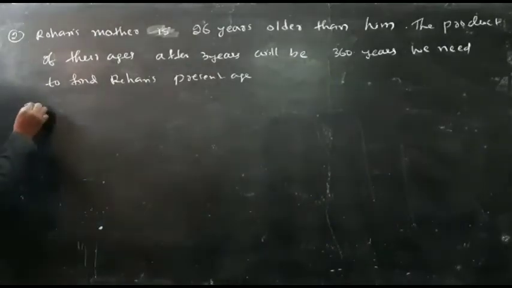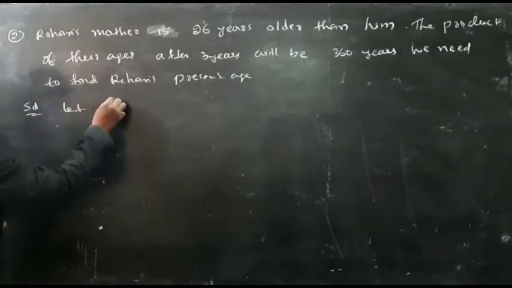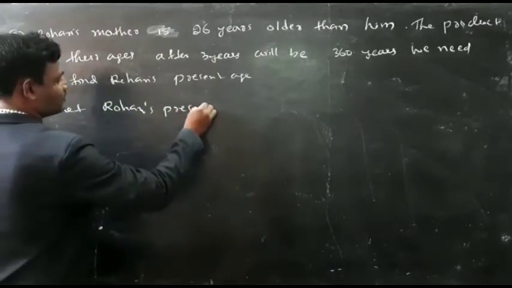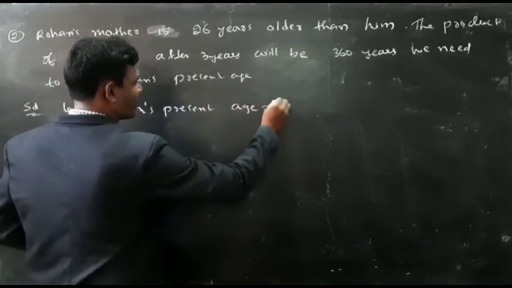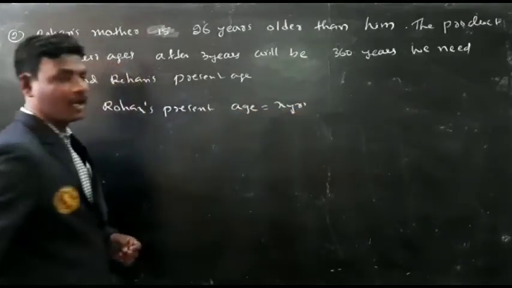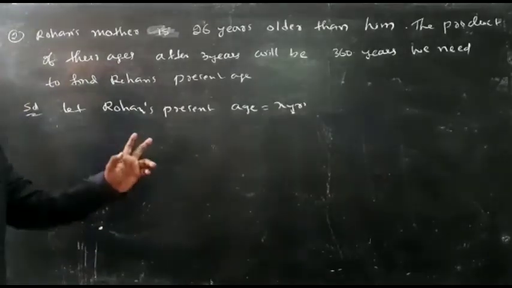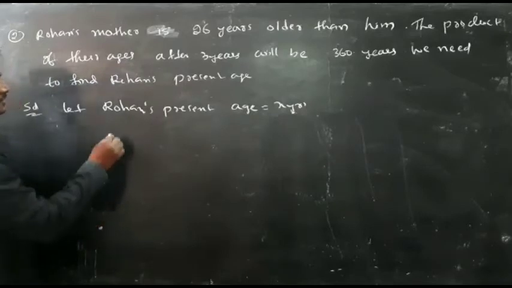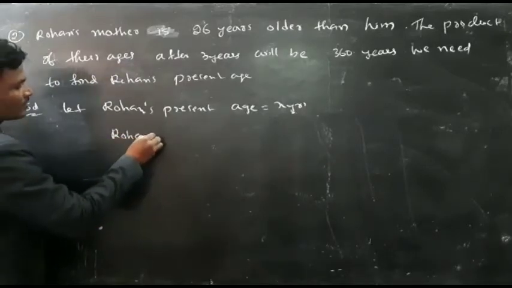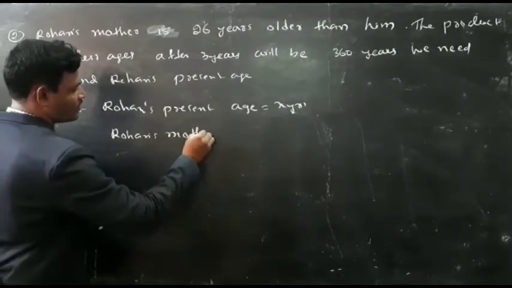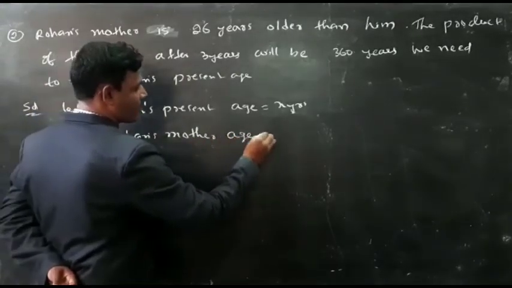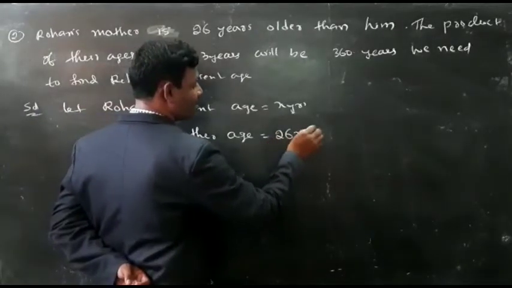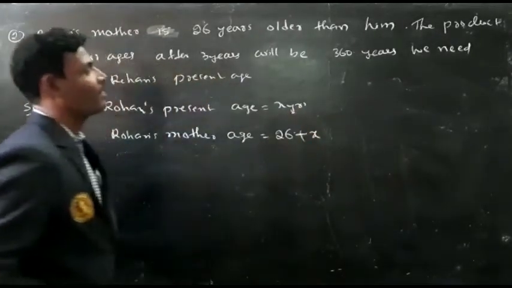First of all, solution. Let Rohan's present age be x. So I am taking Rohan's present age as x. Next, Rohan's mother. How many years older than him? 26 years. So it is nothing but 26 plus x.